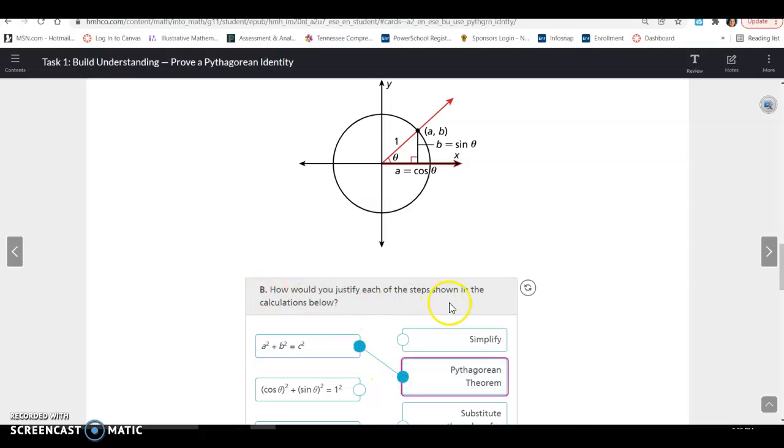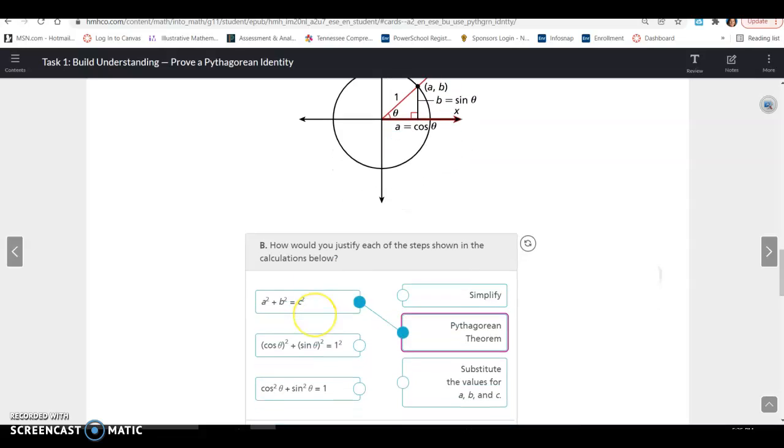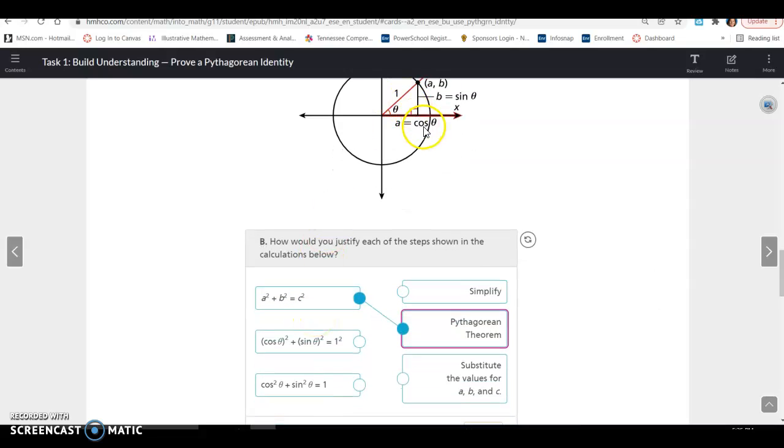It says, how would you justify the steps shown? After that, instead of A squared plus B squared equals C squared, we could say cosine squared plus sine squared equals 1 squared. That is just substituting in for A, B, and C. Then from here to here we're just simplifying.